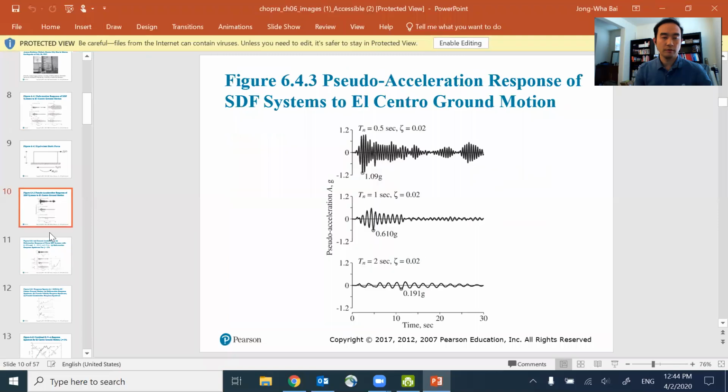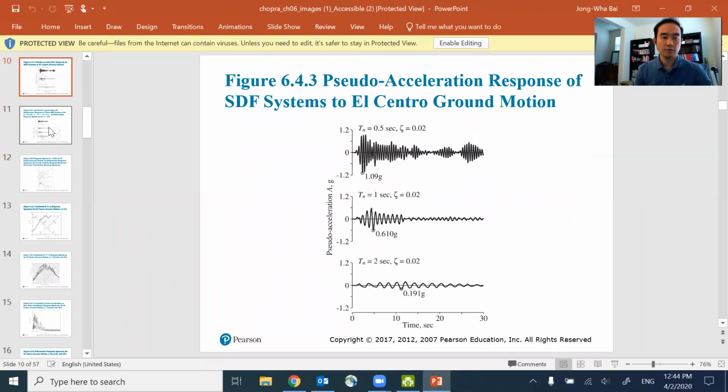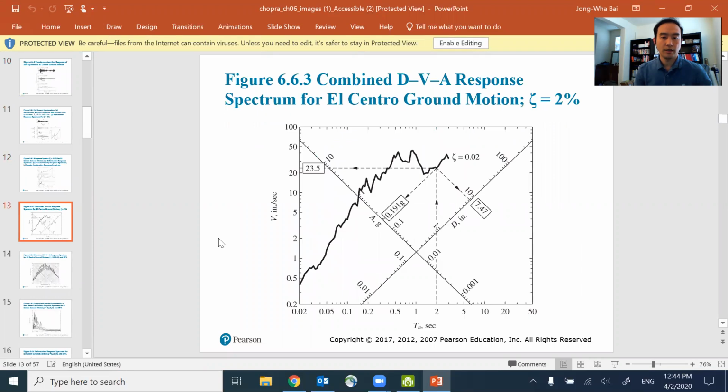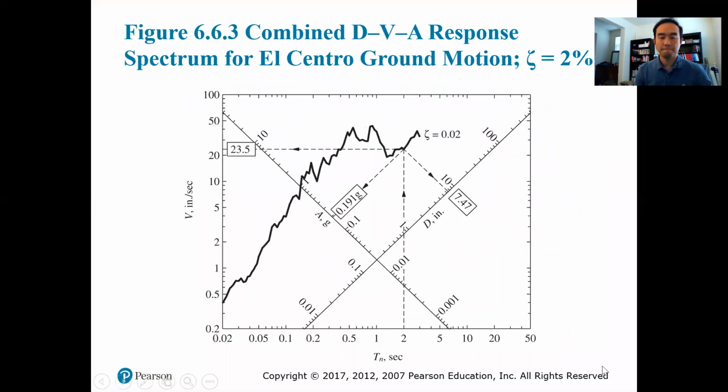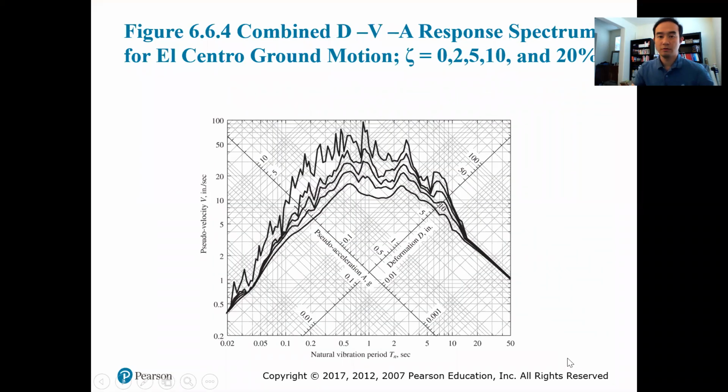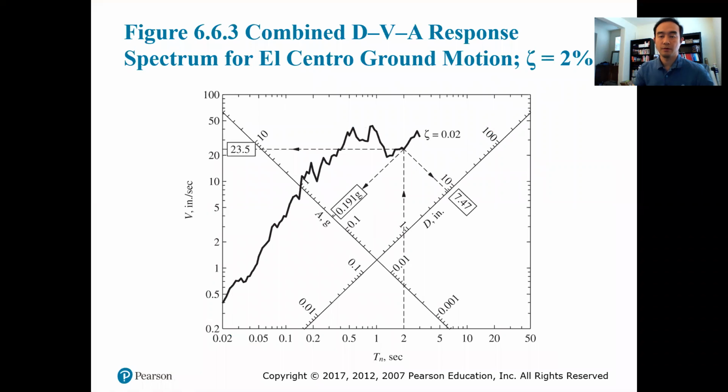So I explained about this theoretical background of the response spectrum before, and this was the combined version of the response spectrum, right? Okay, so as you can see, this is the response spectrum.